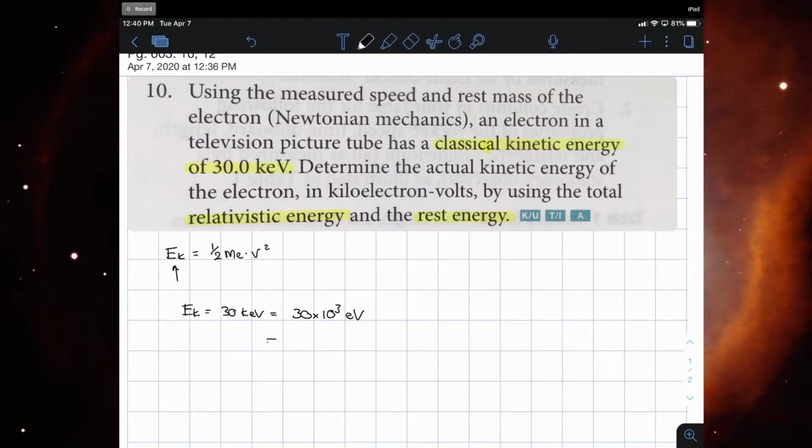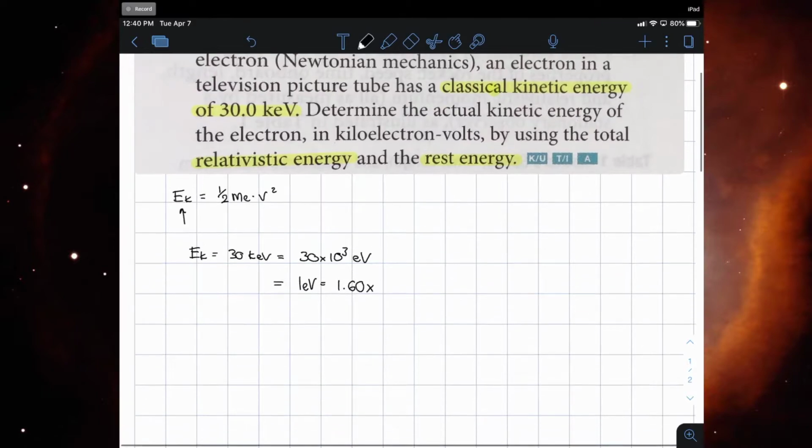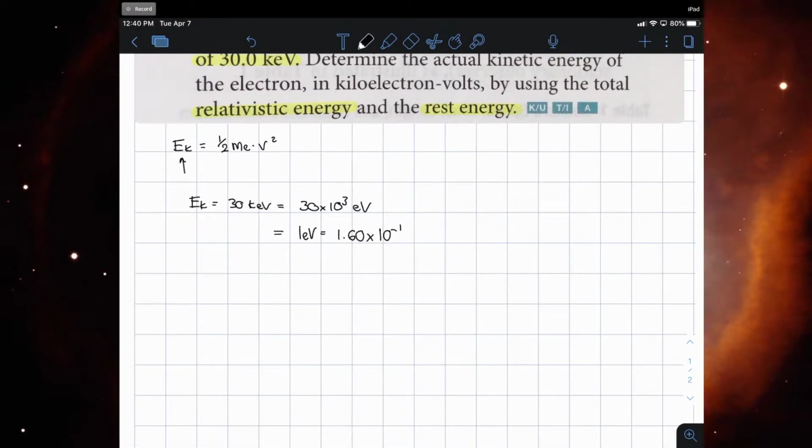Let's first convert that to joules, right? The conversion factor between electron volts and joules is essentially just the charge of the electron, so 1 electron volt equals 1.60 times 10 to the negative 19 joules. We can use this conversion factor to rewrite this energy in joules instead.